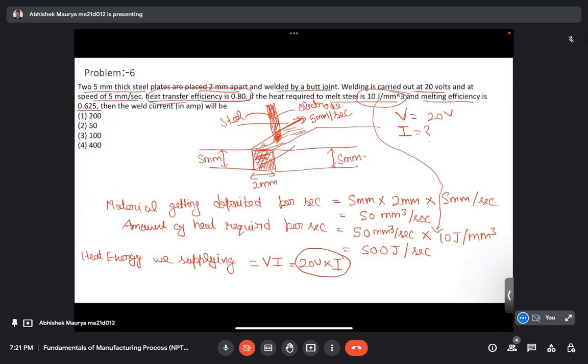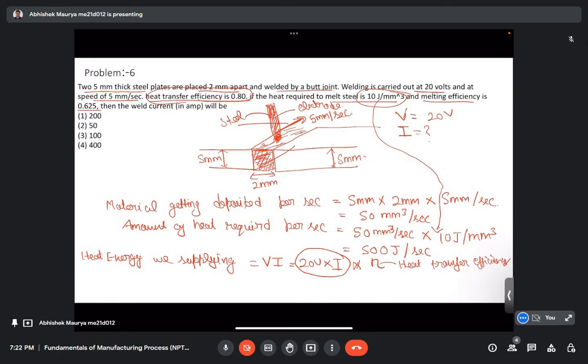How much heat is reaching the workpiece by conduction, we can find out by multiplying by the heat transfer efficiency.